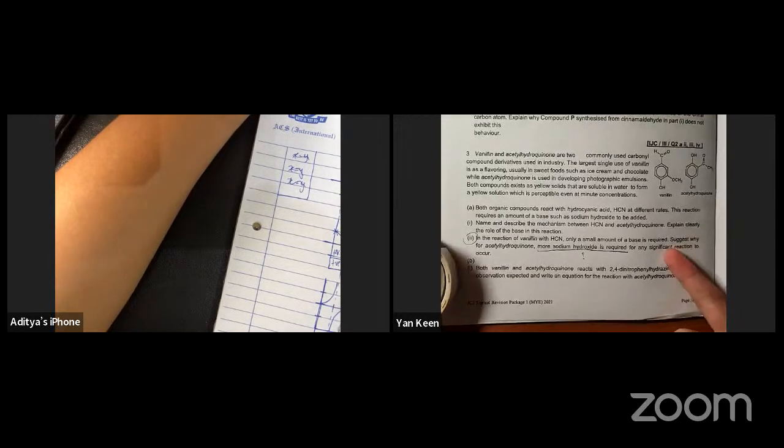So let's assume that's the same need. It's the negative species, the CN minus, that you need released. You need it for both vanillin and the other compound, but something else is happening in the other reaction such that you need more base.